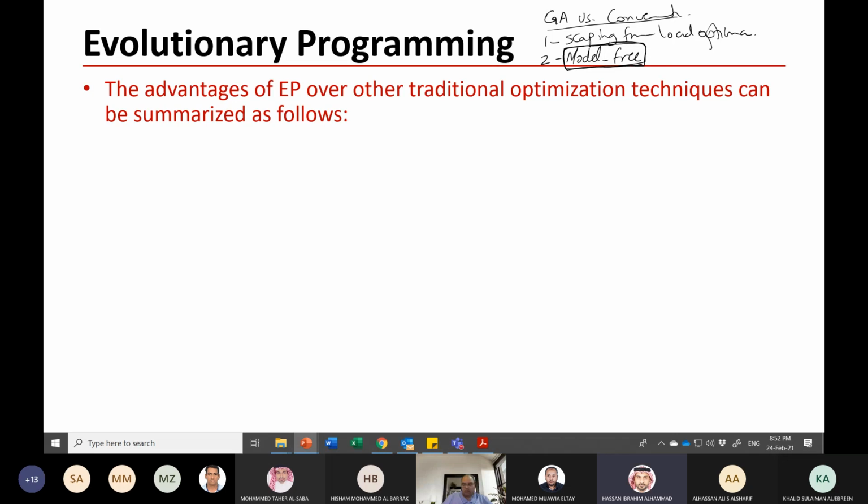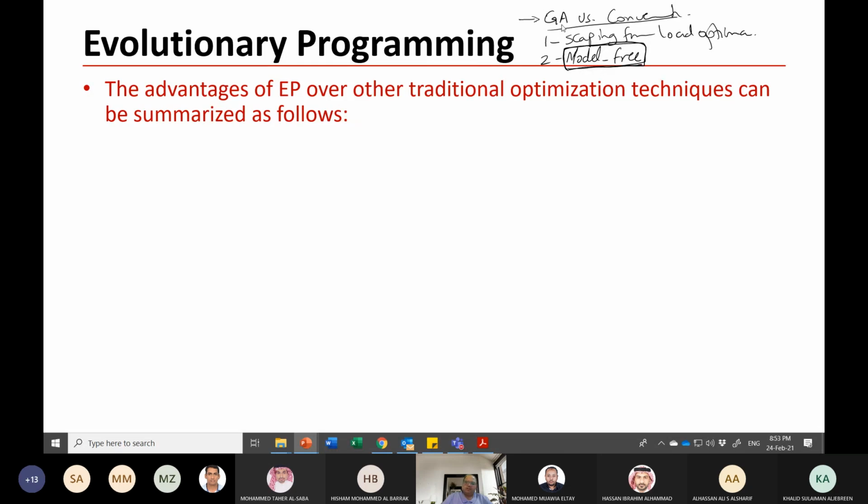It's not a genetic algorithm, and we are now comparing the genetic algorithm with the conventional optimization, the gradient descent. Model free can be okay with neural network and fuzzy logic.